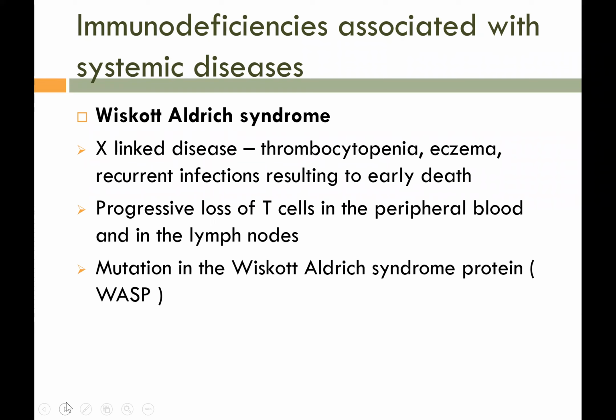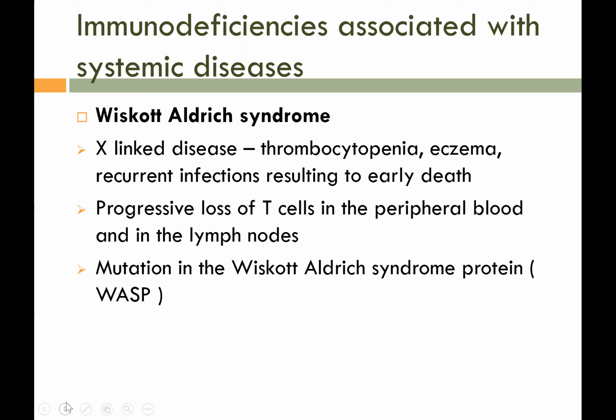This is an X-linked disease which is characterized by thrombocytopenia, eczema, recurrent infection, and there is progressive loss of T cells in the peripheral blood and in the lymph nodes.